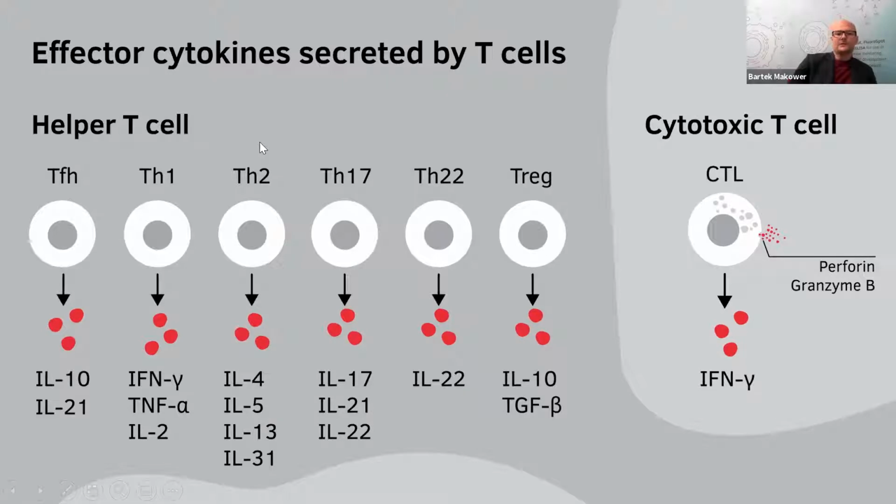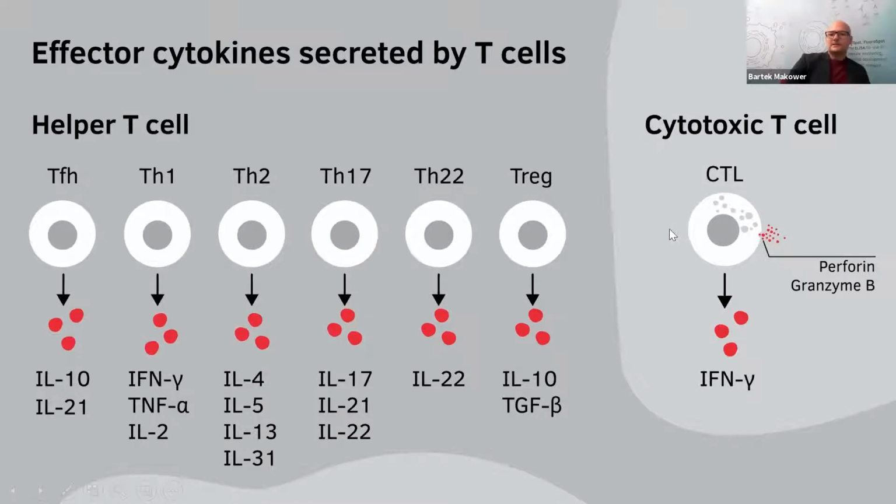CD4 T cells are also called helper T cells because they help cytotoxic CD8 T cells to mature, and they help B cells to make antibodies. But depending on different pathogen exposure, they can differentiate in different types of T helper cells called Th1, Th2, and so on. And these are defined by the cytokines they secrete. And using 4-color fluorospot, you can basically address all these populations in the same well.